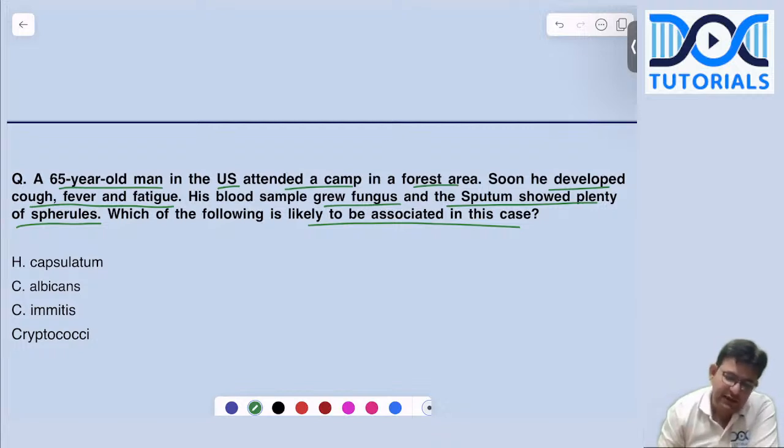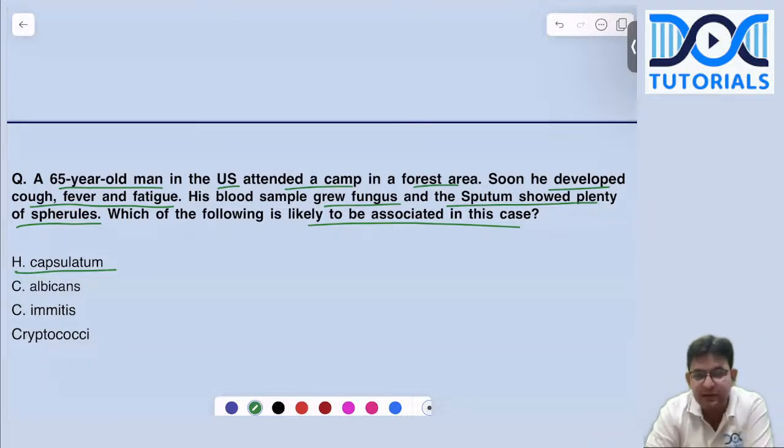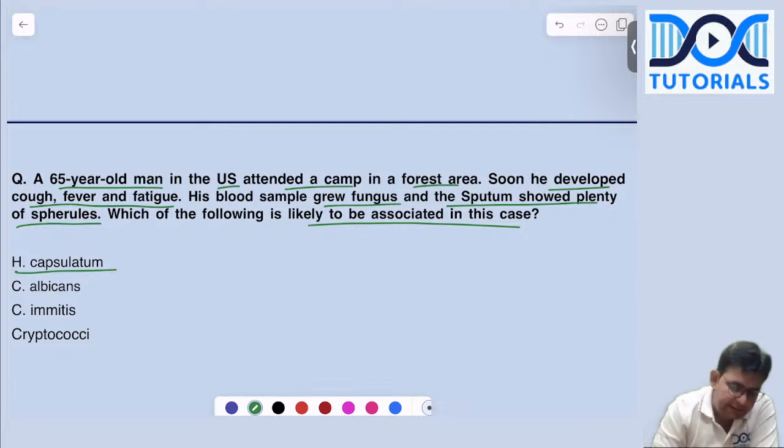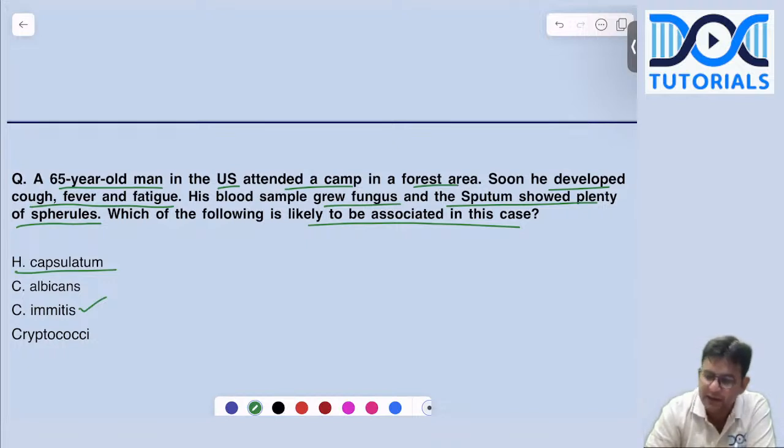Guys, spherules are not seen in histoplasmosis. In Histoplasma capsulatum, there are tuberculate macroconidia. Why has everybody done this question wrong? The answer is Coccidioides immitis, not Histoplasma capsulatum.